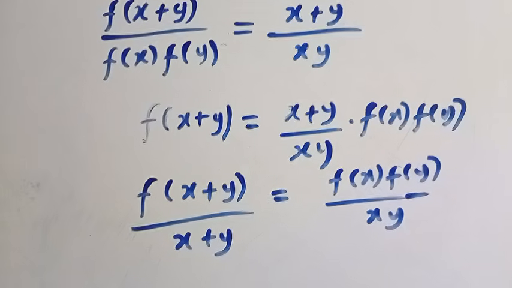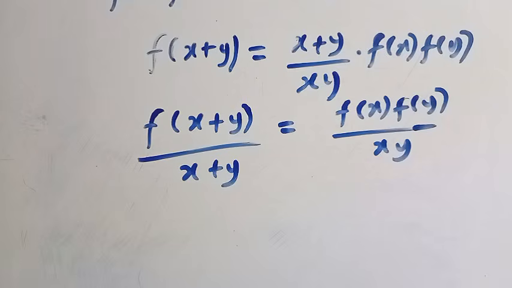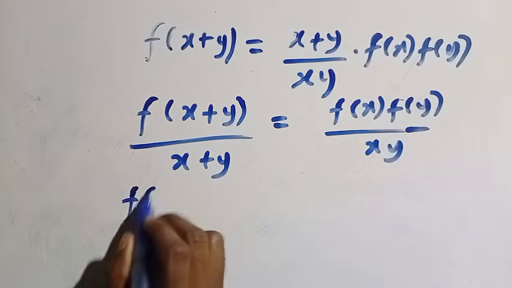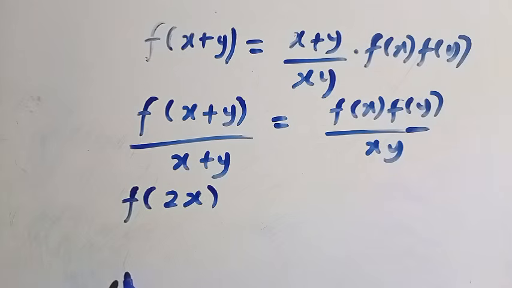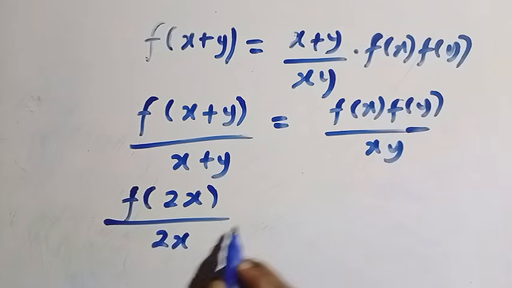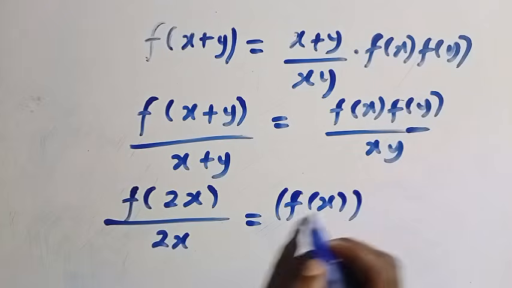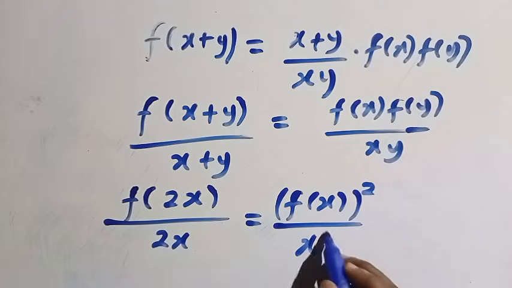Our aim is to get f of x. At this point, let's say I assume that x equals y. For instance, if x equals y, we have this first one as f of 2x, going with x that we need, divided by 2x, everything equals f of x all squared divided by x squared.